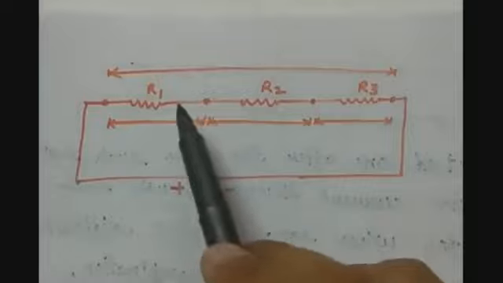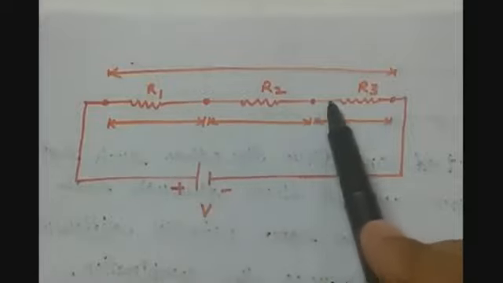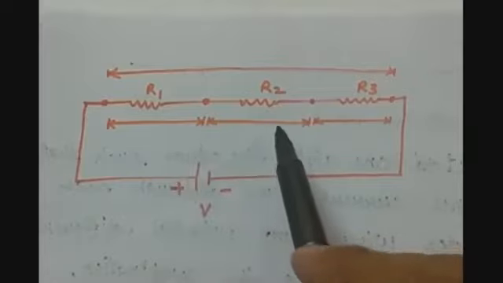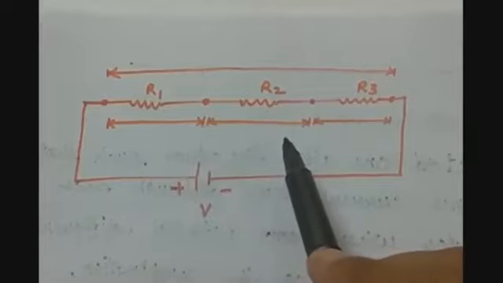Now let us try to find out the total resistance of the combination of resistors, and this total resistance is called the equivalent resistance of the combination.